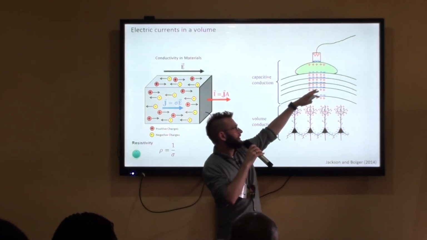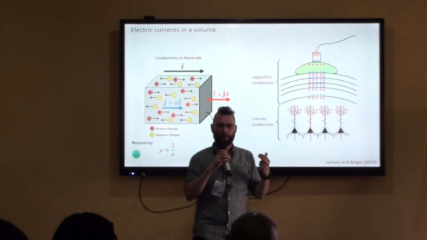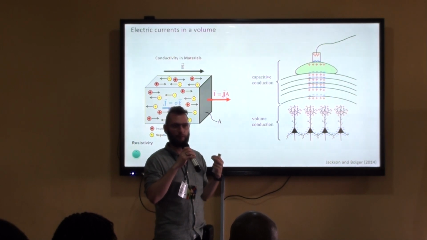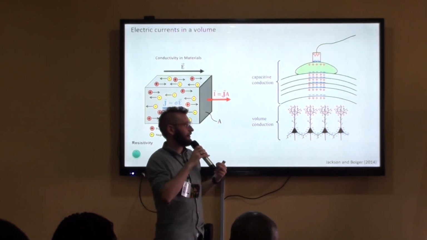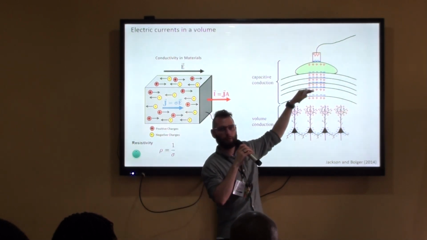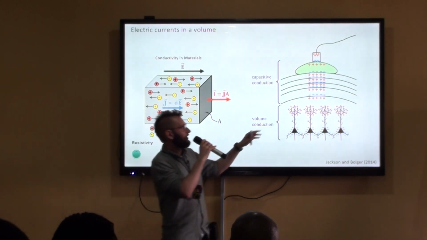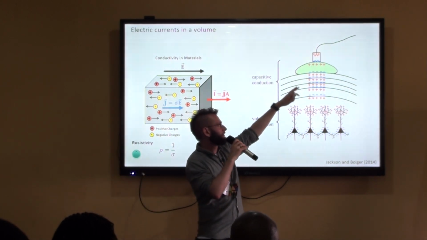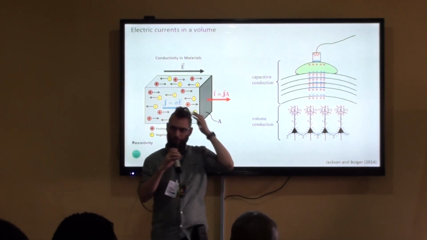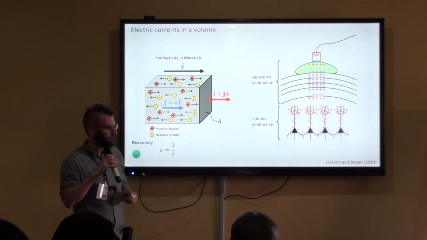But then it would meet the skull, for example, that has a very high resistance, meaning that it has very bad conductivity, which means that less current will be able to flow through there. And the same with the different types of tissue until it reaches the scalp.